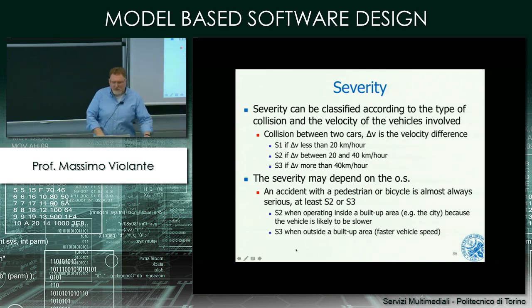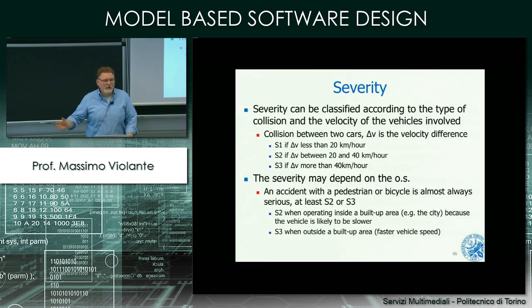If the incident between the vehicle and the cyclist happens outside the city, roughly speaking, as the speed of the vehicle is higher, the energy is higher, and so most likely the impact will result in an S3. Okay. This is again a rule of thumb.